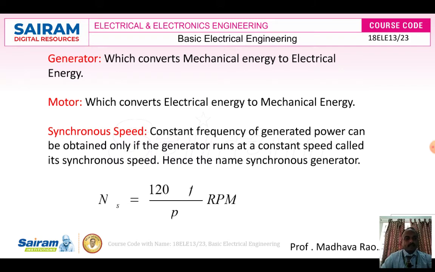So the synchronous speed of the generator is 120 f by P. The constant speed we call the synchronous speed, so the synchronous speed formula is Ns equal to 120 f by P.